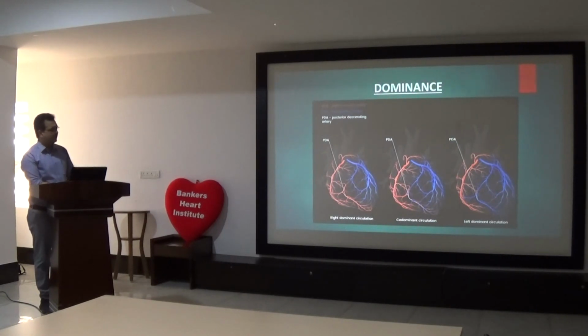It is the most common pattern of dominance and seen in 80 to 85% of patients. If the posterior descending artery arises from the left coronary circulation, it is known as a left dominant circulation, which is seen in 10 to 15% of the patients. And in a few patients, we can also get a co-dominant circulation where the posterior descending artery arises from both the right and left circulations.